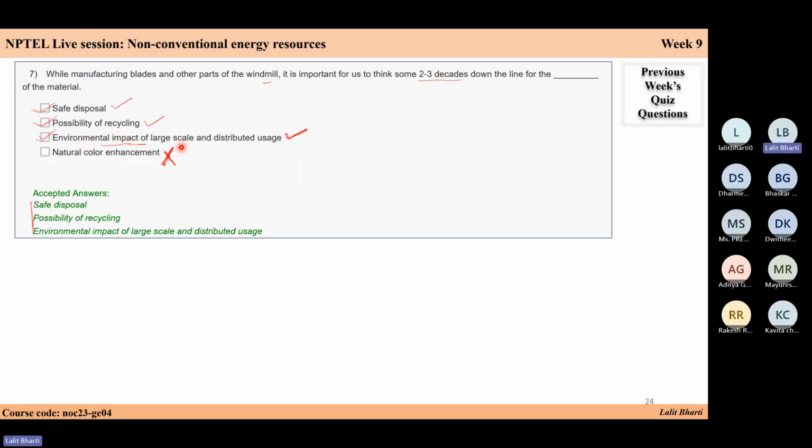So all environmental impact needs to be considered. So options 1, 2, 3 are correct. Natural color enhancement is not an option because it will not impact the environment. So the fourth option is not correct.